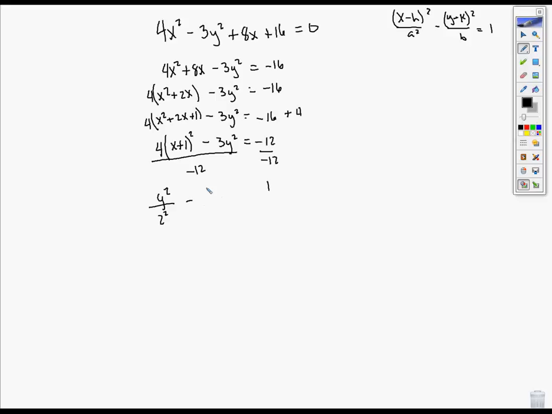It's going to be x plus 1 now, squared, over, and what happens when I divide 4 by negative 12? Well, yes, it became negative, and down on the bottom here I'm going to have a 3, but I want it to also be a squared term, so I'm going to make it the square root of 3 squared.